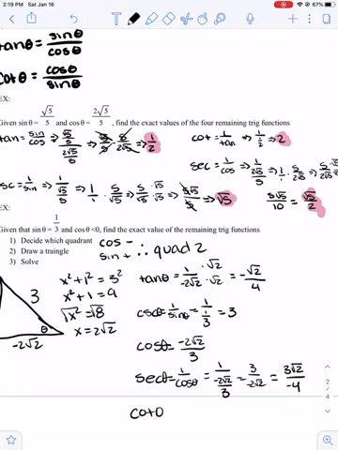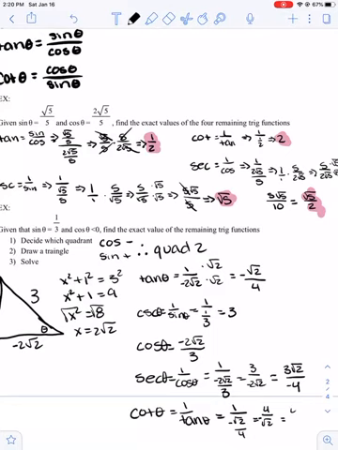And then lastly, cotangent, which is 1 over tan theta, which is 1 over negative square root 2 over 4, which equals 4 over square root 2 negative, and then multiply by that radical on the top and bottom.